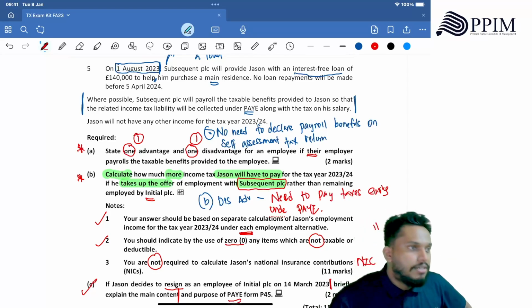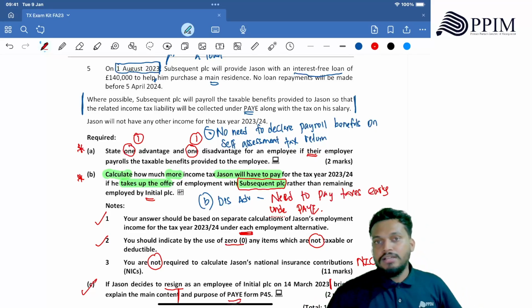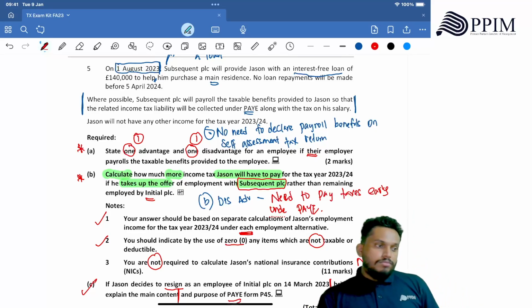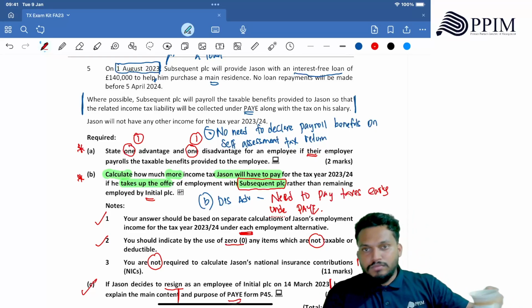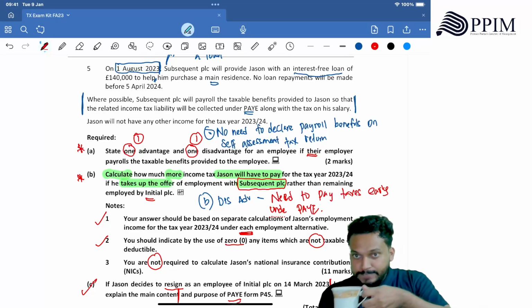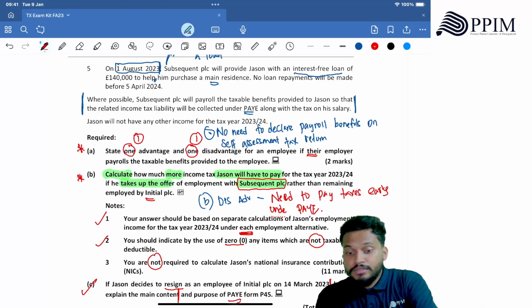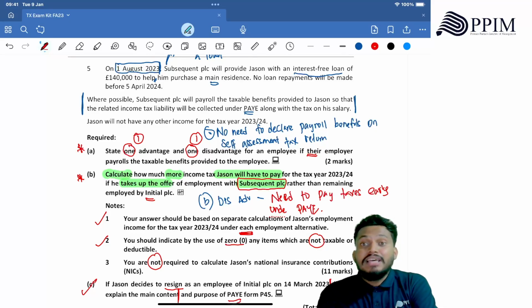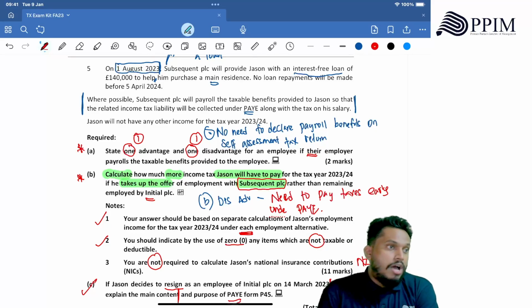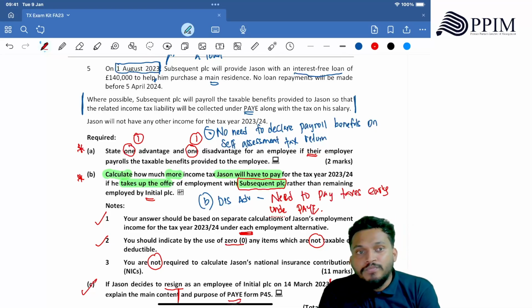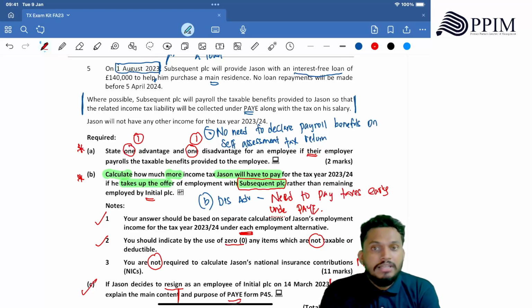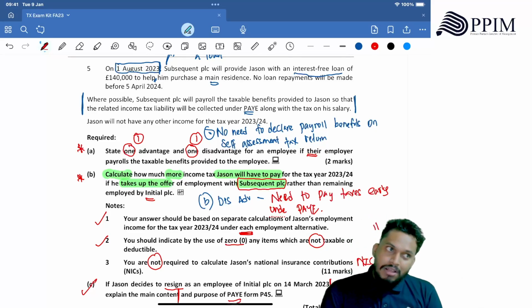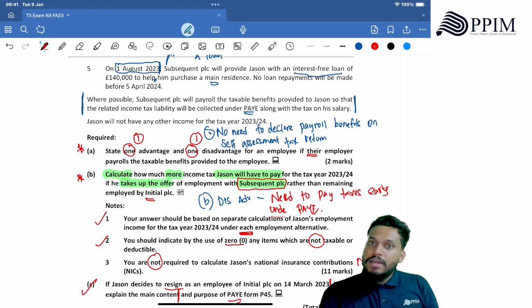You need to pay upfront under the PAYE system, in every pay cycle. In our country we have monthly pay cycles. For some employees it is weekly, then it goes directly from the salary weekly. For some employees fortnightly, twice a month. Some employees monthly. So then and there it will be paid.